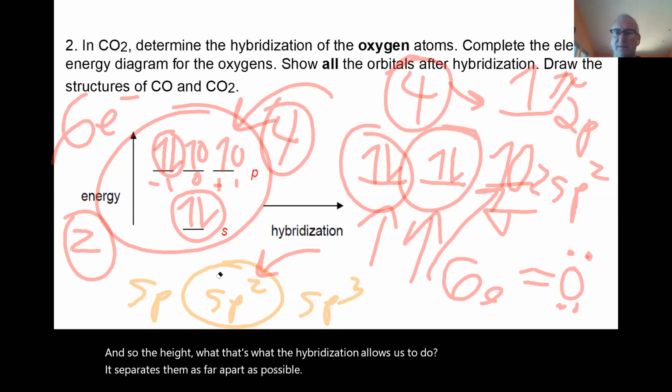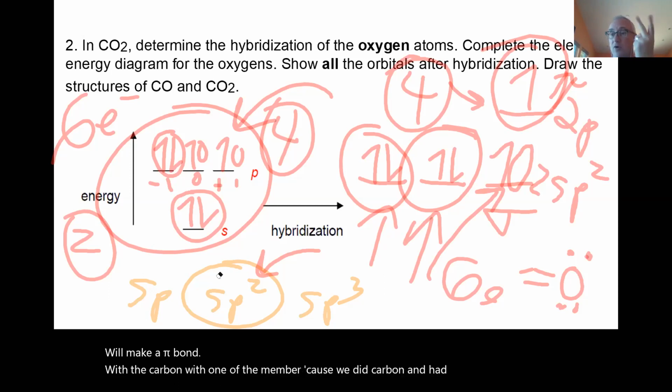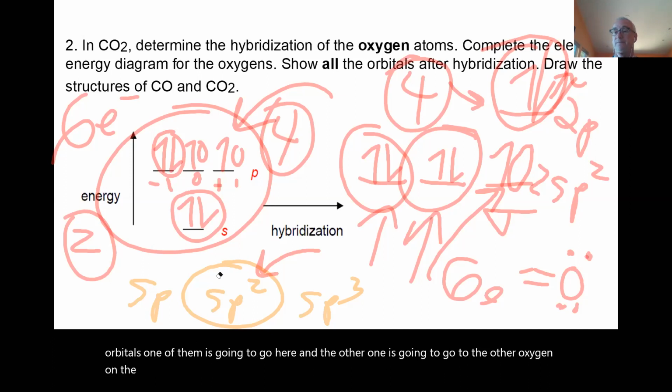And then this will make a pi bond with the carbon. Remember, when we did carbon, it had two electrons in p orbitals. One of them is going to go here, and the other one's going to go to the other oxygen on the other side to make another pi bond.